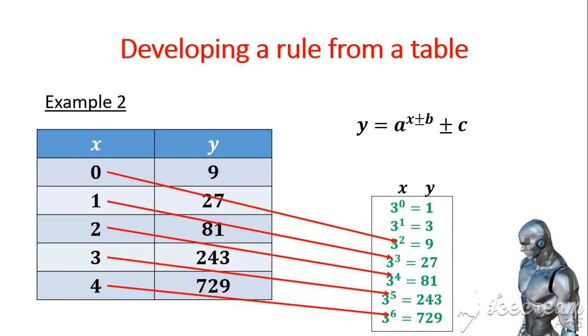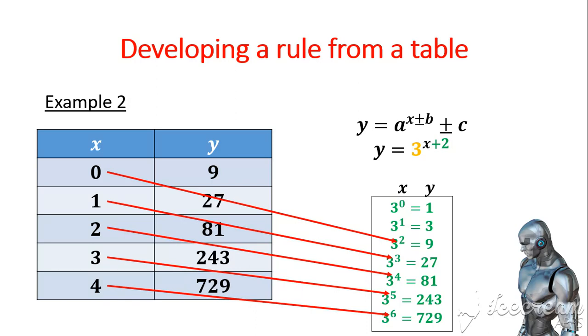So things are not matching up, and that's a small problem here. Here's the trick to get around it. Because if I go 3 to the power of 0, I don't get 9, I get 1. But if I go 0 plus 2 more, 0 plus 2 is 2, and 3 to the power of 2 makes 9. So here's the rule I'm going to use.